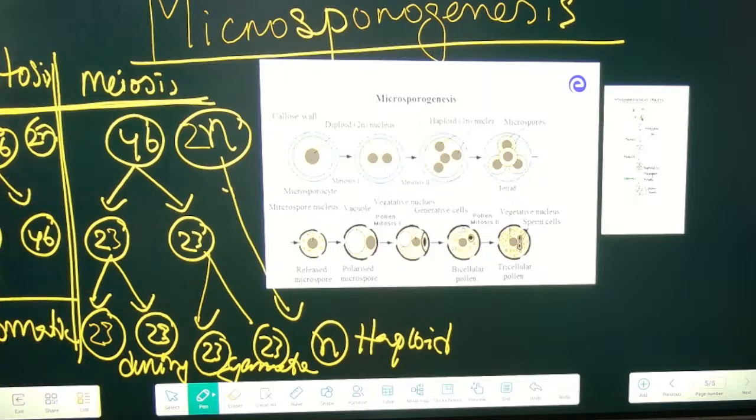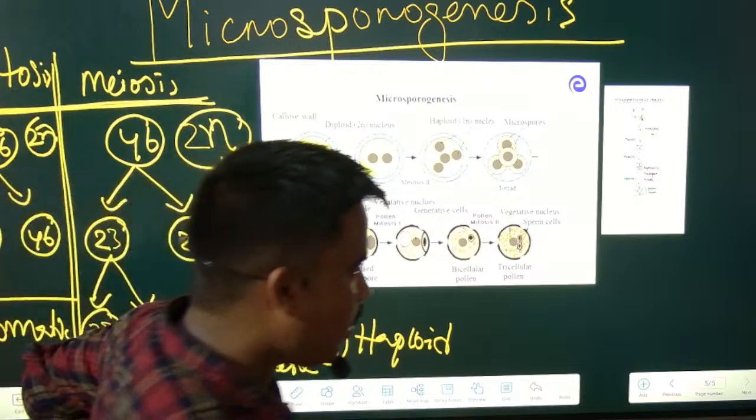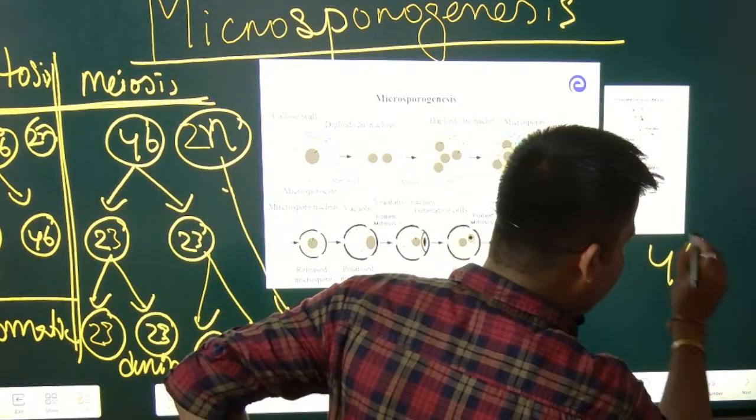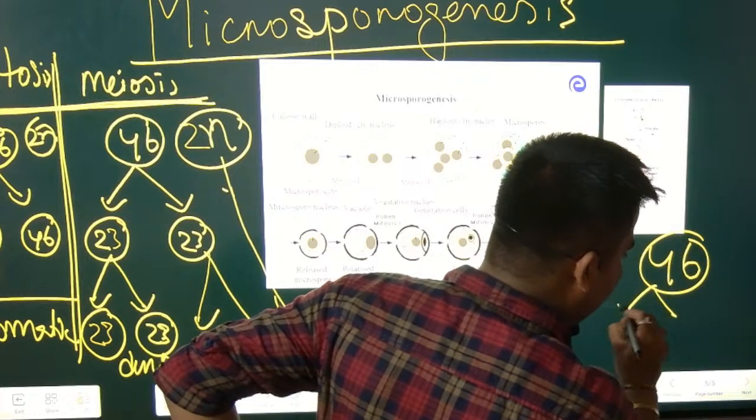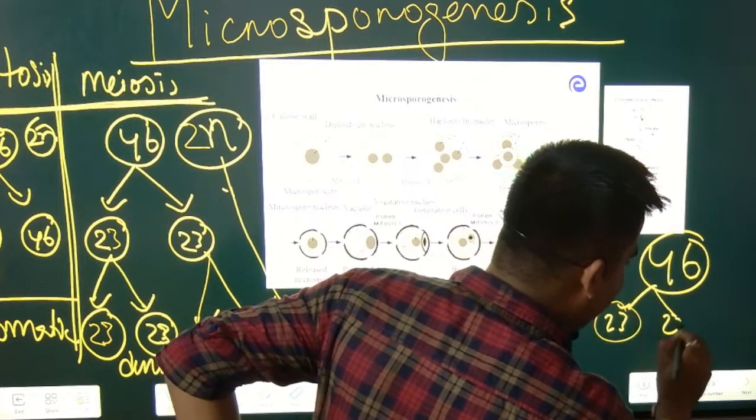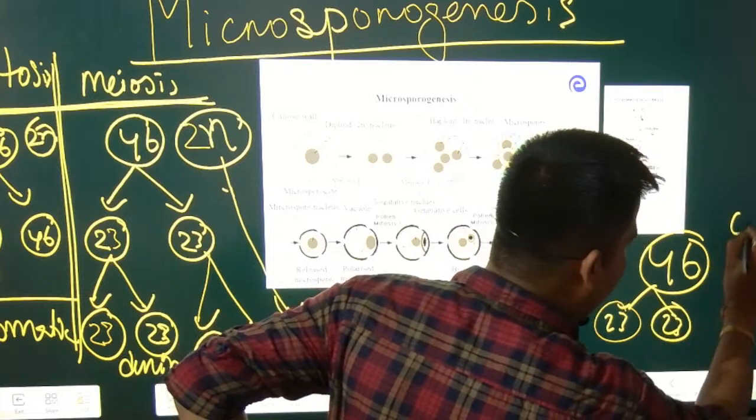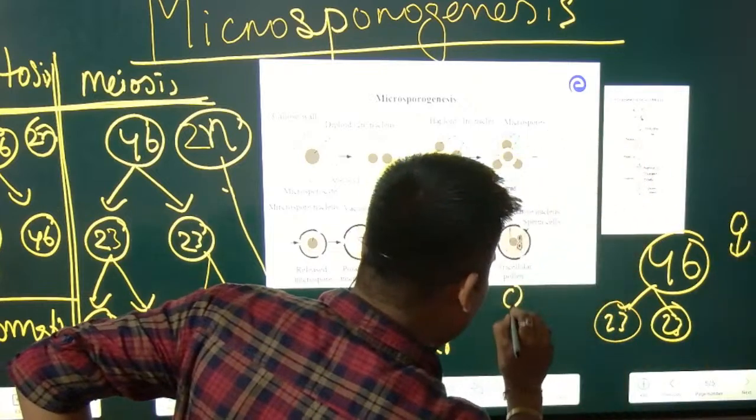Without meiosis, gametes cannot be formed. If accidentally mitosis occurs, then what will happen? In humans, the number of chromosomes is 46, so it must be reduced to 23 during gamete formation, whether male or female.